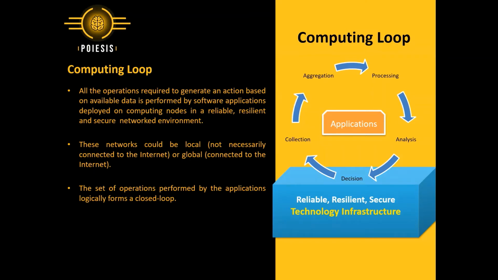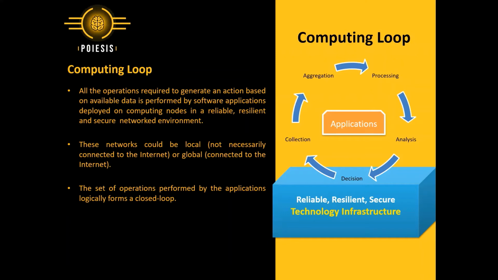All the operations required to generate an action based on available data are performed by a software application deployed on computing nodes in a reliable, resilient, and secure networked environment. These networks could be local, not necessarily connected to the internet, or global, meaning connected to the internet.